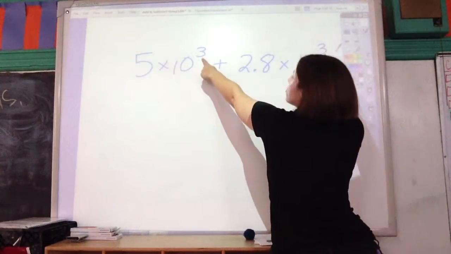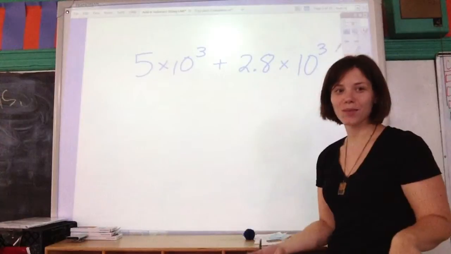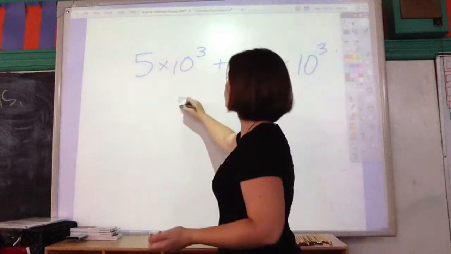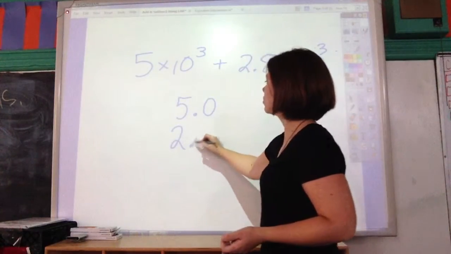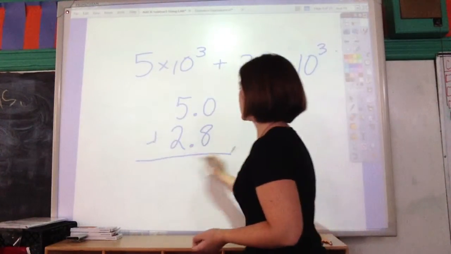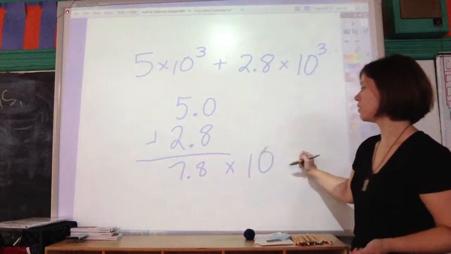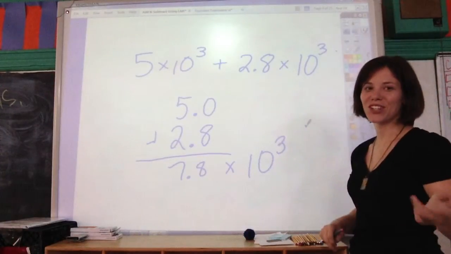These exponents are both 3's, so we actually don't have to do anything with our decimal. If the exponents are the same, just add your coefficients. 5.0 plus 2.8 equals 7.8 times 10. My exponent is a 3. Your turn to practice.